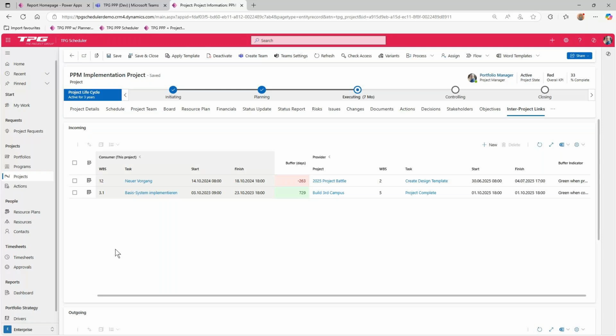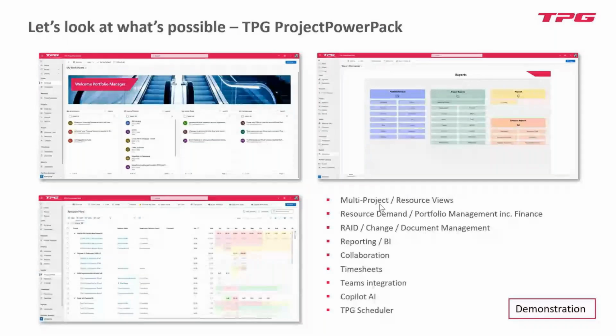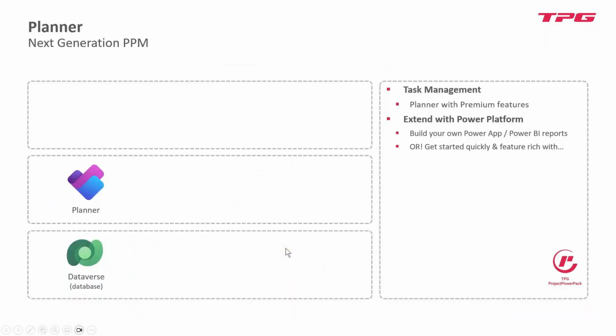Okay, so with that in mind, I'm going to jump back to my slides. I'm very conscious of the time. All right, so we've looked at TPG Project Power Pack, how it takes what you are doing around scheduling and then really extends it, enabling you to get rid of all of your Excel spreadsheets and the like. Planner is our next generation PPM.